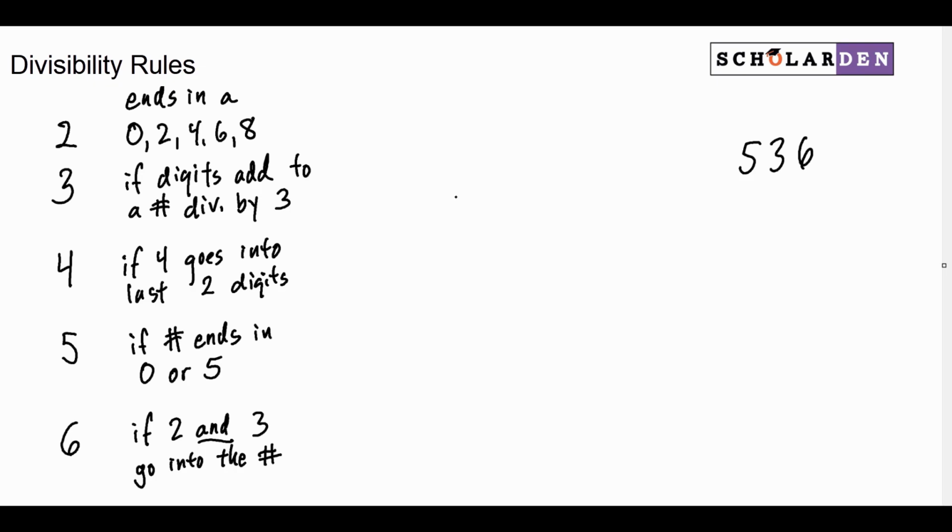So let's try it. Let's go 792. 2 goes into it because it's an even number. It ends in a 2. All right, now we check for 3. 7 plus 9 is 16. 16 plus 2 is 18. Yes, since 3 goes into 18, 3 goes into 792. Therefore, 6 goes into 792.